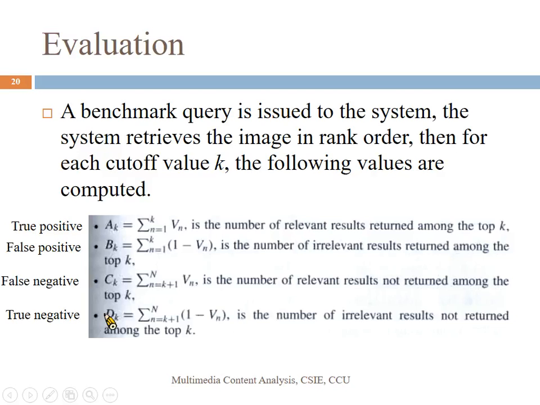So a benchmark query is issued to the system, and the system will retrieve the images in rank order. And then for each cutoff value k, the following values will be computed. The so-called cutoff value k means that we only return the top k images that are most similar to the query image. So here we calculate the following values that actually correspond to true positive, false negative, and true negative. The definitions of all these terms have been introduced before.